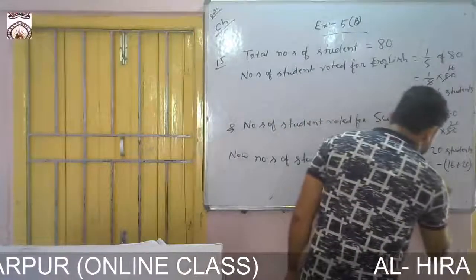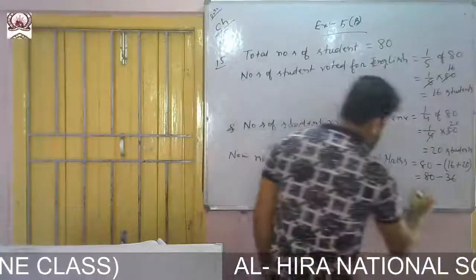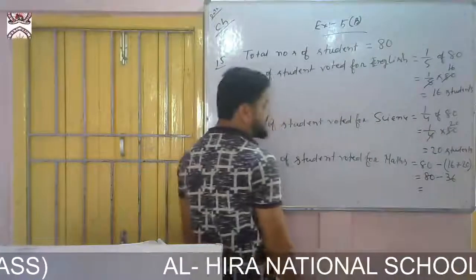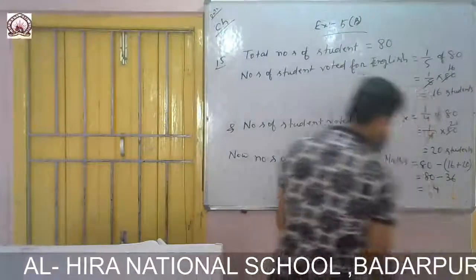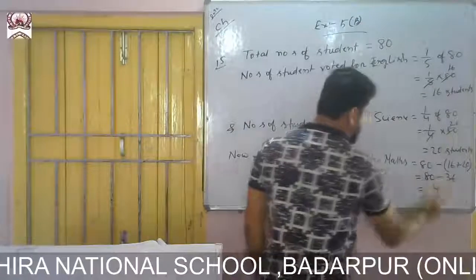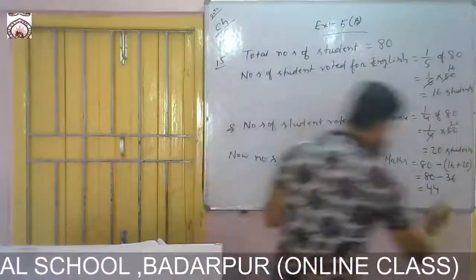So 80 minus 36: 10 minus 6 is 4, 7 minus 3 is 4, so 44 students.